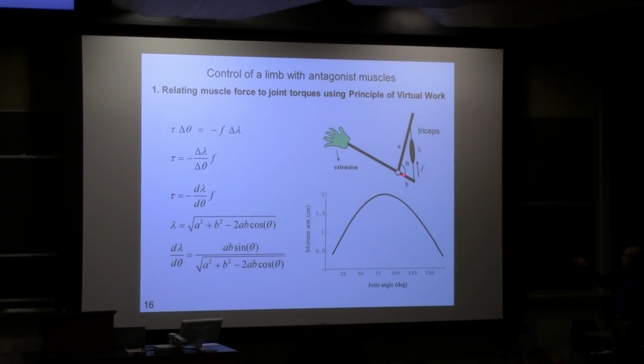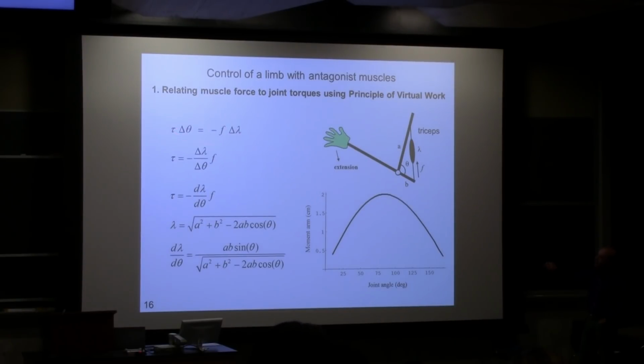Whereas the torque, this is what we call an angle that's increasing in this way, and the torque that's increasing. So force times negative of delta lambda would be a positive number, equal to torque times delta theta. The muscle contracts to generate a force.